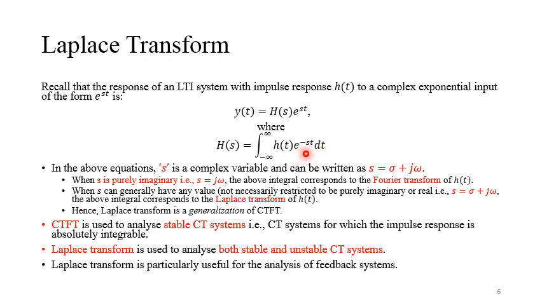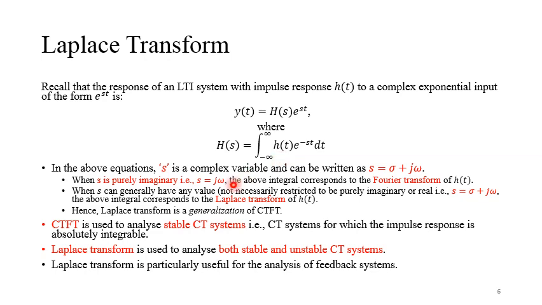In this equation, s was replaced with j omega, and we said that s is purely imaginary. When s is purely imaginary, we call this transformation the Fourier transform, right?